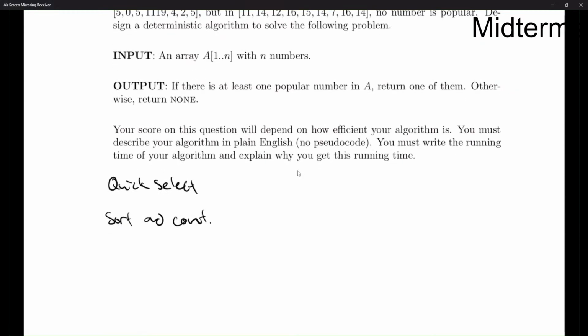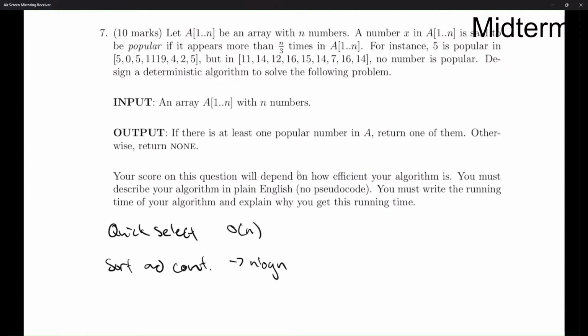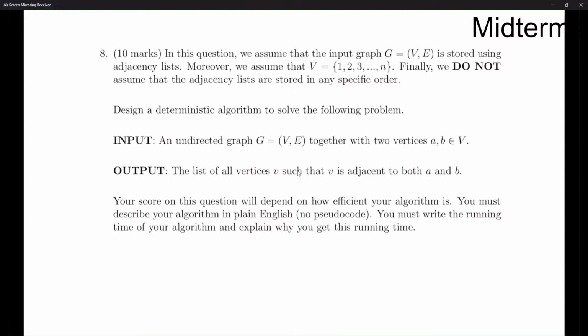If we sort and count, this would be n log n. Now quick select, I'm not very sure. Quick select is O of n, but how do you make sure that quick select is the one? I kind of forgot how quick select works, so I might have to revisit that, but I'm pretty sure that should be the answer.